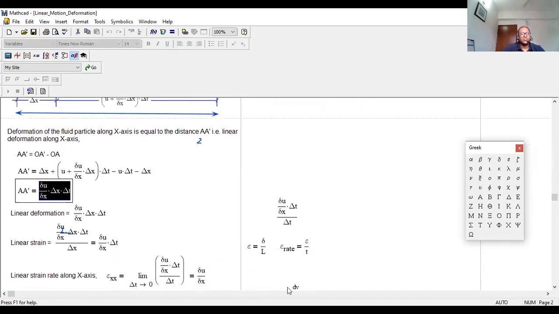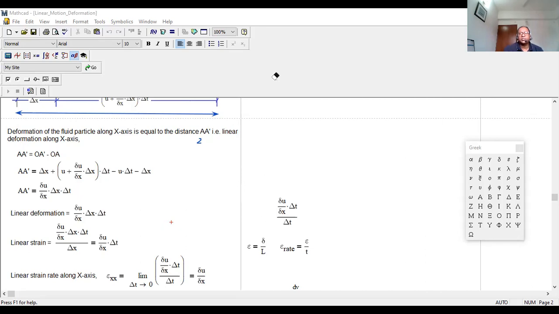But I would like to figure out the strain. What does strain mean? Change of length. If I ask for a rate, then time comes in. But if I would like to figure out only the linear strain, you already learned it in solid mechanics: deformation divided by original length is the strain.